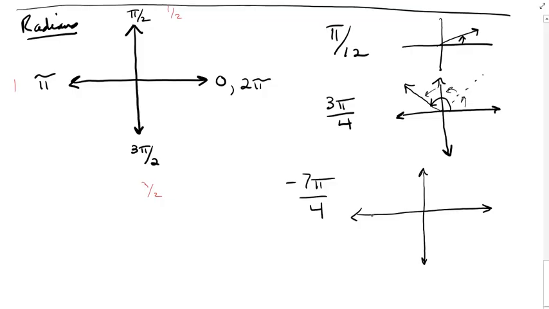You can do them any way you want. You can just think of how many rotations you have. So one of the things you want to kind of get used to is, where does it fall in relation to 2 pi? Well, anything over 4, 2 pi would be the equivalent of 8 pi over 4. Does that make sense?